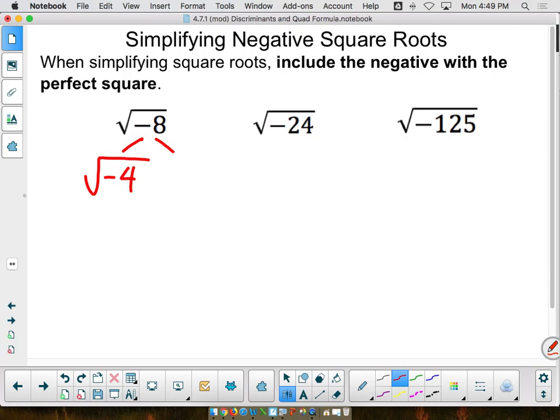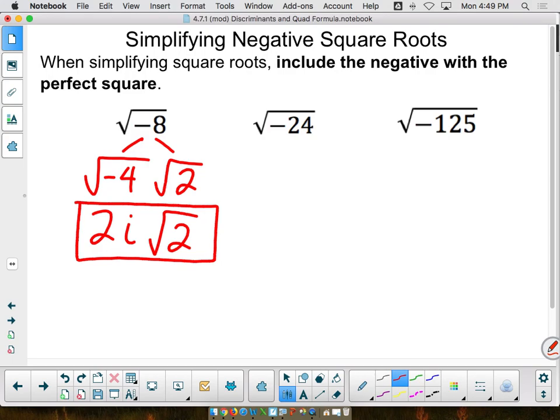If I do that, I have -4 and +2. I don't know what the square root of 2 is, so that's going to stay the same. But we know the square root of -4. We are calling that now, with these imaginary numbers, 2i. So our final simplification is 2i root 2.